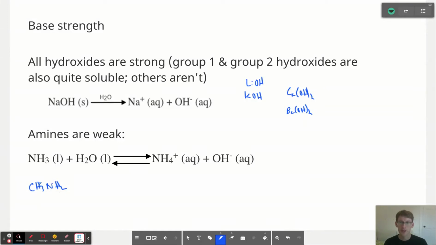I would say, generally speaking, in this class, if you see a carbon atom and you see a nitrogen, we're probably looking at a base, unless it's positive, unless it's like a CH3NH3+. But that's something else that we'll have to get into when we talk about conjugate acids and bases for a later time. Anyway, that's our quick rundown of the properties of acids and bases, something on their strengths.